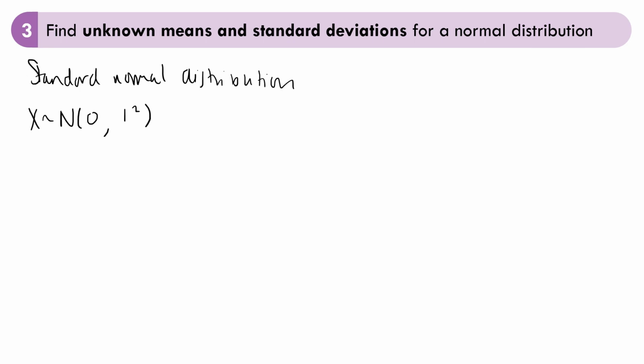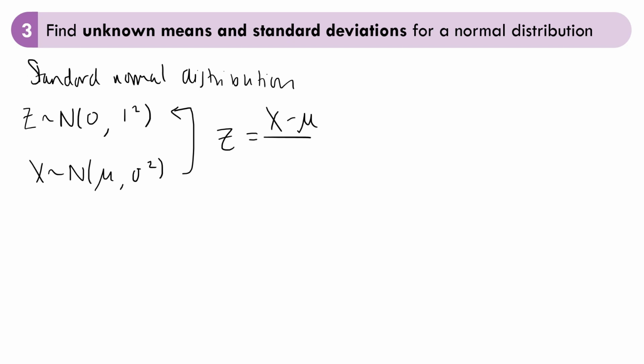And we often write this with the variable z. So that if we have a variable x with normal distribution mu sigma squared, we can code this into z using z is equal to x minus mu over sigma.